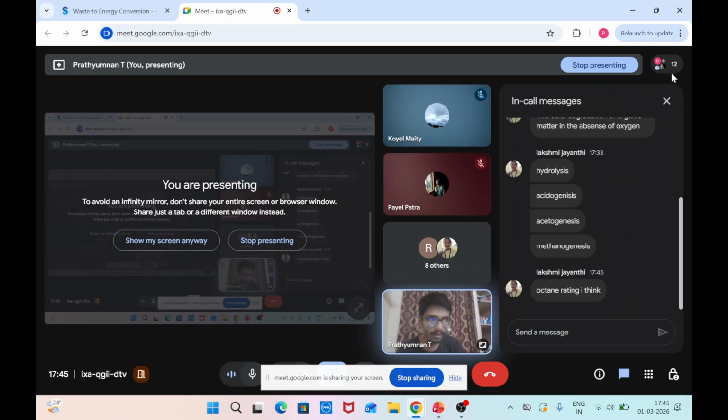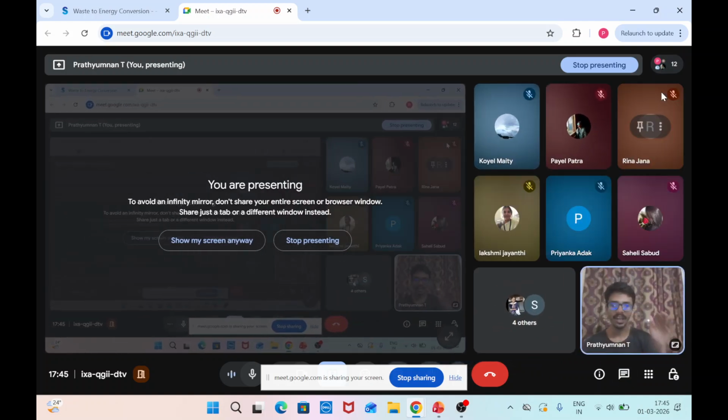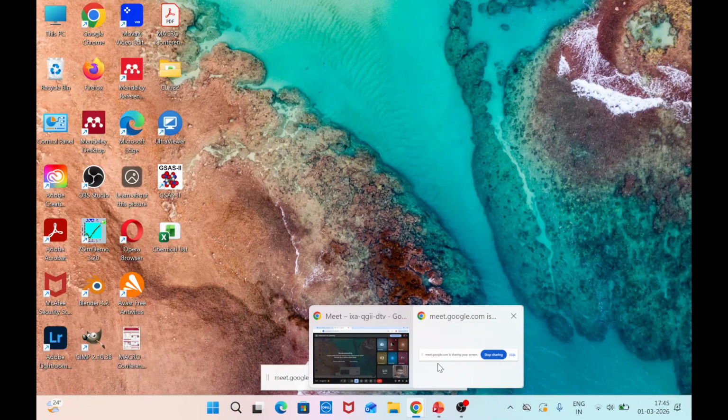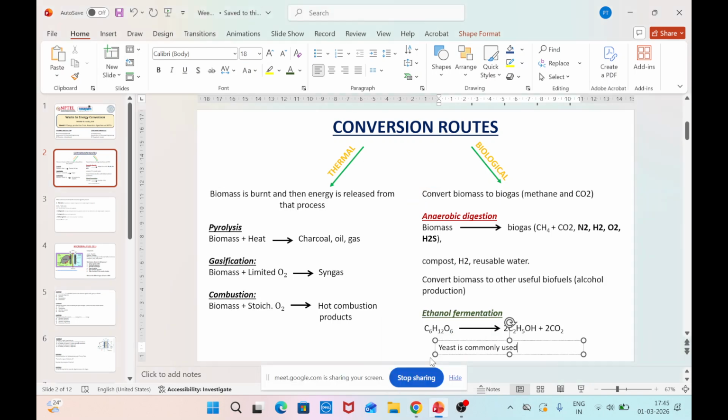Octane rating. Okay, yes. Ethanol as such has a lesser octane number, so for that we blend it with gasoline. One of the main reasons is to make sure that the process is environmentally friendly.